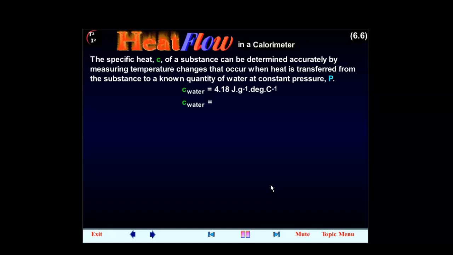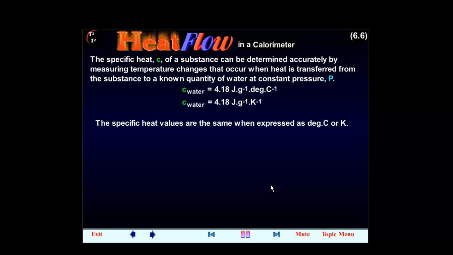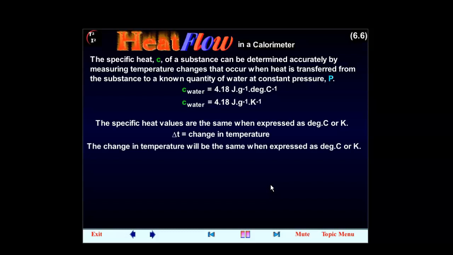C water equals 4.18 joules per gram per Kelvin. The specific heat values are the same when expressed as degrees Celsius or Kelvin. Delta T equals change in temperature. The change in temperature will be the same when expressed as degrees Celsius or Kelvin.